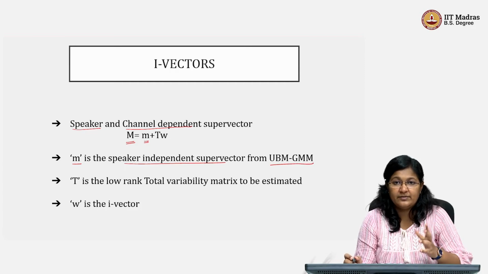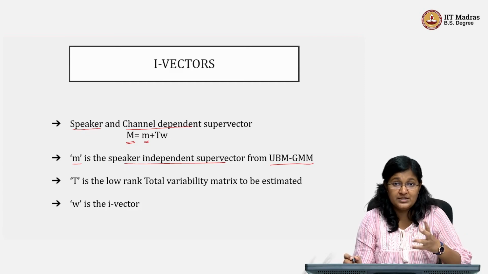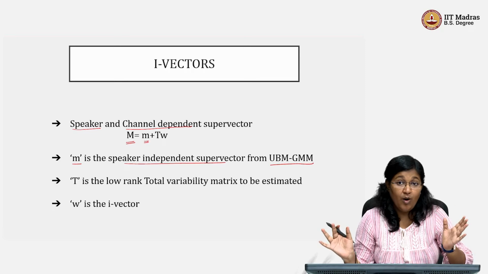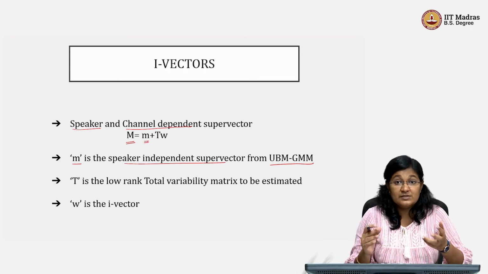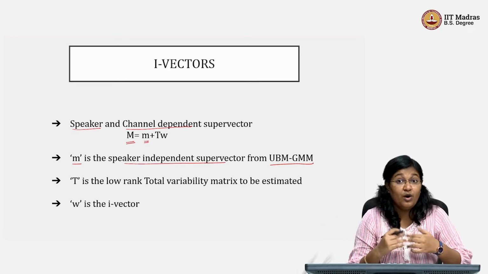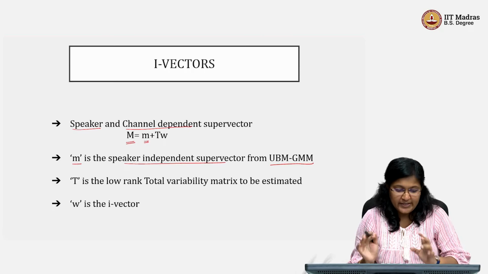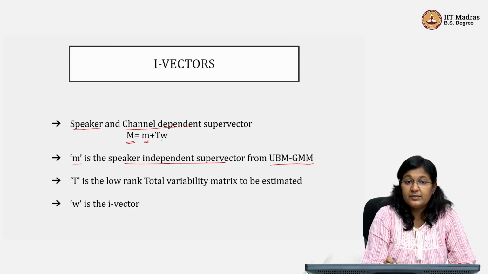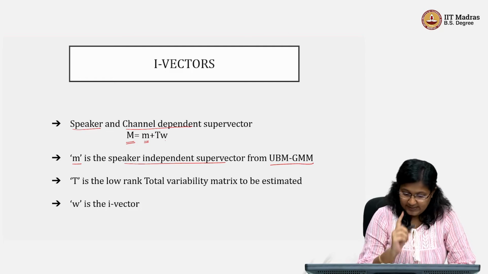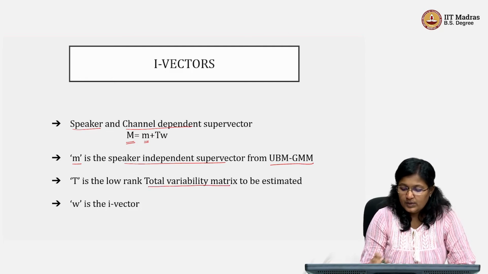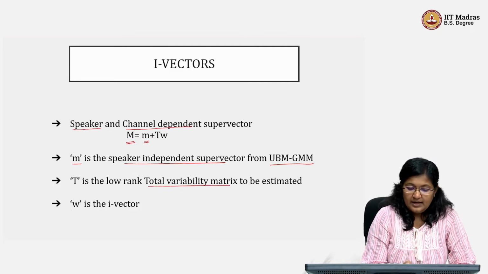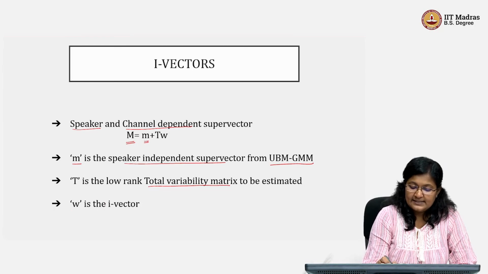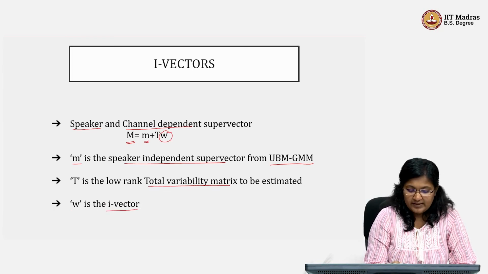You remember when we built the universal background model, it was from all the utterances of all the speakers, so it is speaker independent. Both are related by capital M equal to m plus T into W, where T is called the total variability matrix. And when it is related like this, this W corresponds to the I-vector.